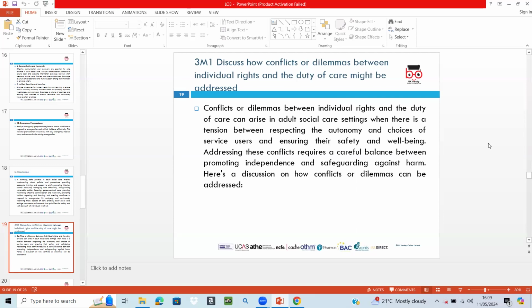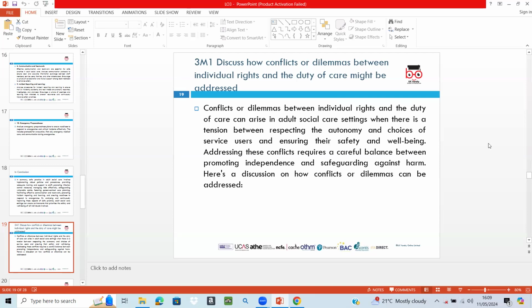And by tailoring the care plan to align with a service user's preferences, while also addressing safety concerns, a balance between autonomy and duty of care can be achieved. Then we discuss risk assessment and mitigation.